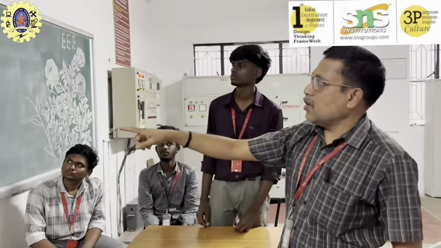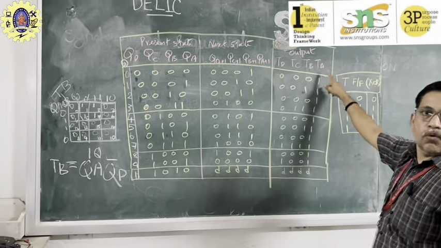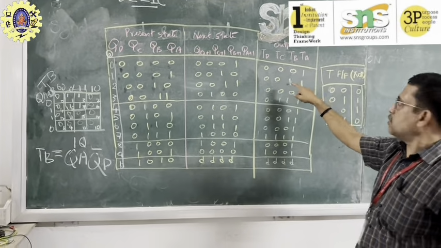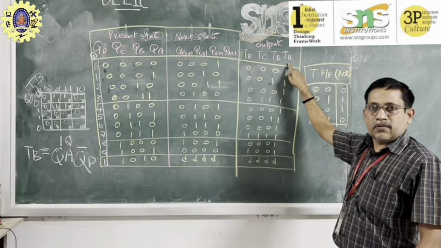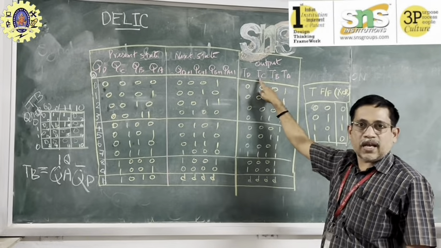Okay, now this is the K-map solved for TB. Now we have to solve for all the remaining outputs. For TA, we have to draw a K-map to find the expression for TA, and similarly for TC and TD.